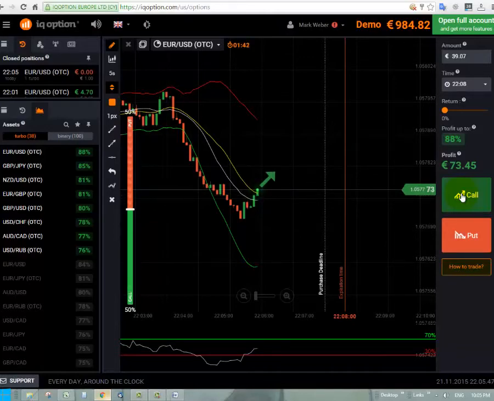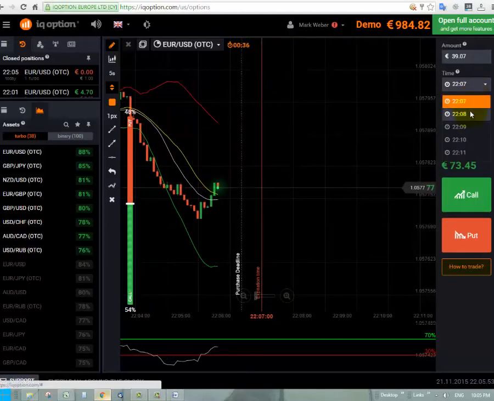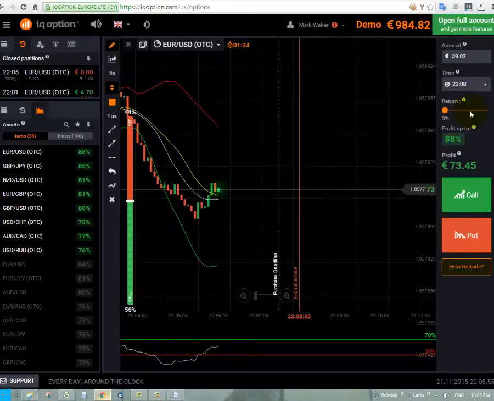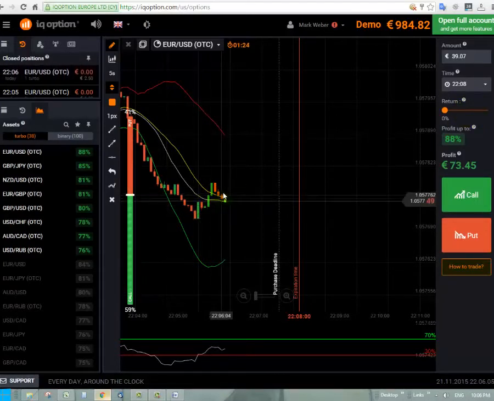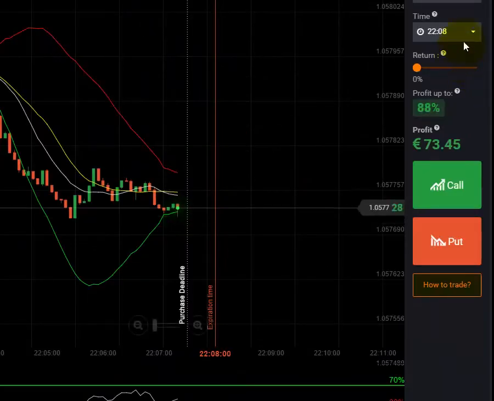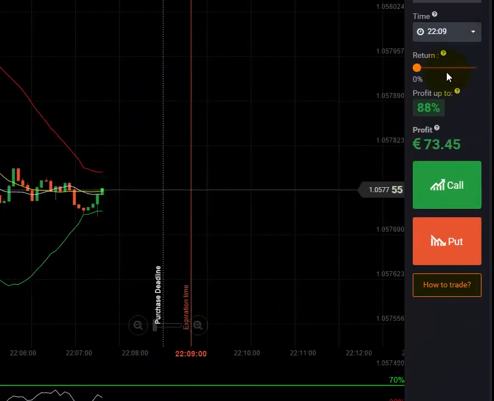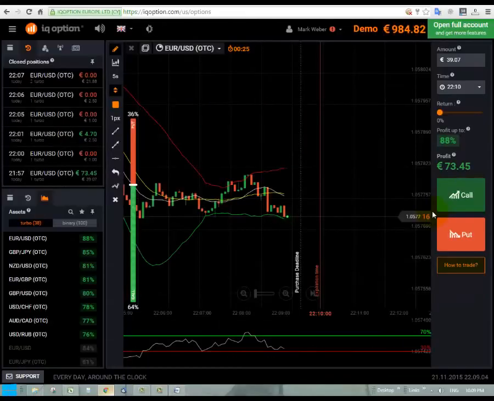Now, as you can see, probably we will win two positions, so our profits will be multiplied, but we will have to wait for the trend to stabilize. It seems that we will lose also this one, so we will change for the minute.